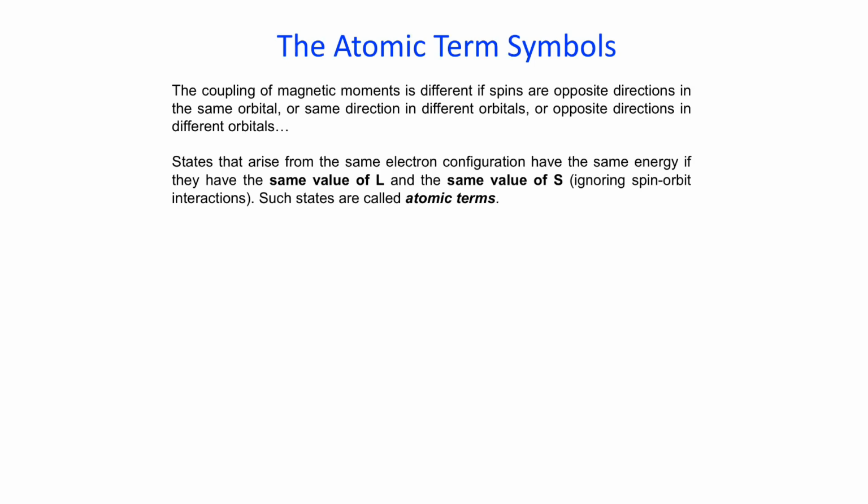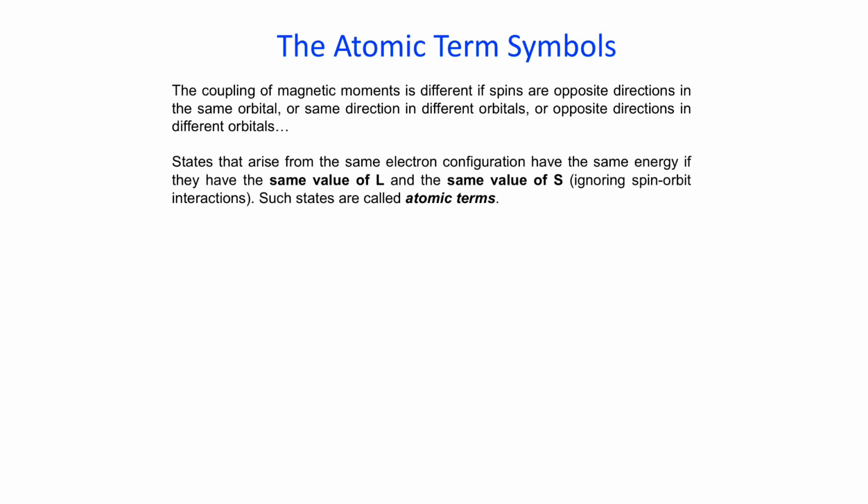What we want to do now is to essentially group all of those different kinds of arrangements into explicit energy levels. Some of those microstates, some of those individual arrangements of electrons, are going to have the same energy, and some of them might be different. So we need a way that we can account for all of the different energies that arise from all of those different microstates.